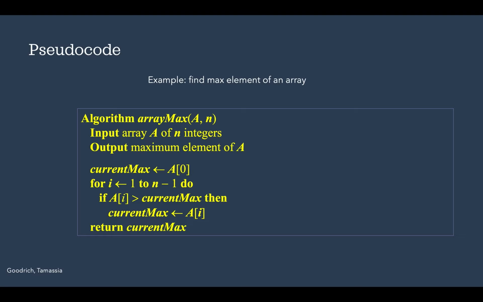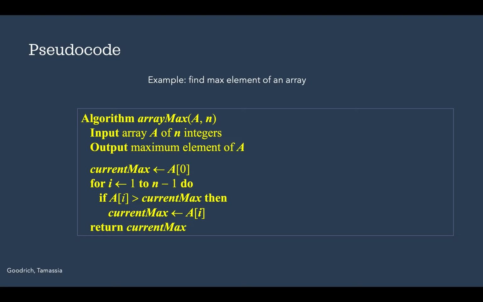Initialization is done one time, then comparison has one primitive operation, that is I less than n. Then you have I equal to I plus 1, that is your incrementation step, which contains two primitive operations: one is arithmetic operation and the assignment.